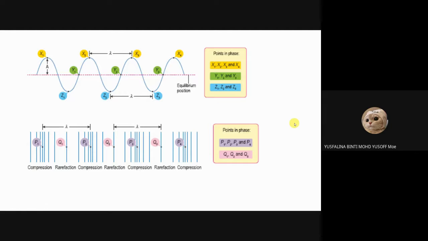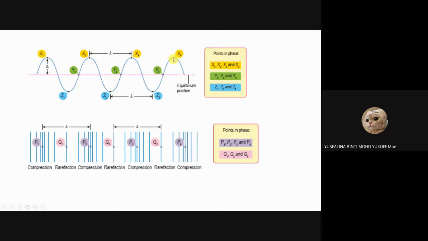So this is called the same phase. The crest, crest, crest, crest, all of this is the same phase. In the wavefront here, the bright lines are the crests. If you connect crest to crest, x1, x2, x3, and x4, all these are crests in the same phase, so they produce the bright lines.